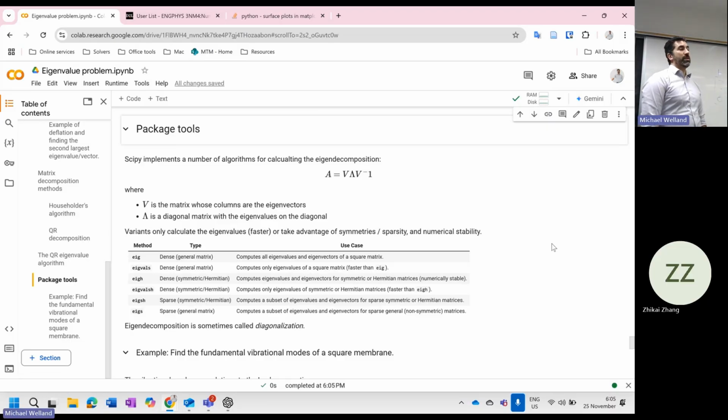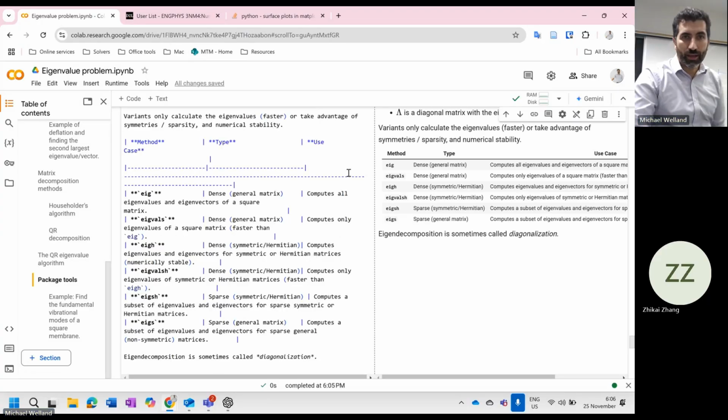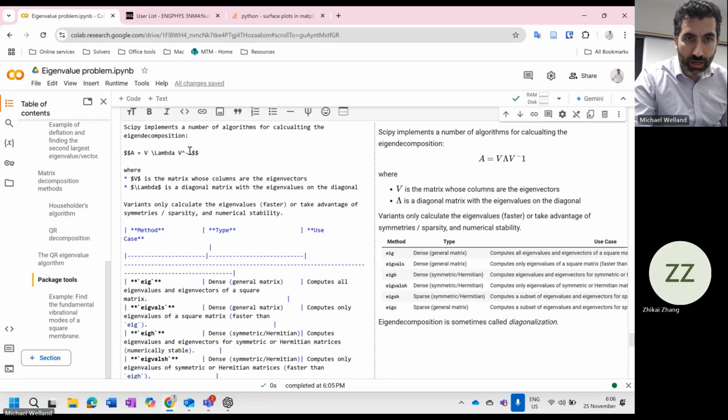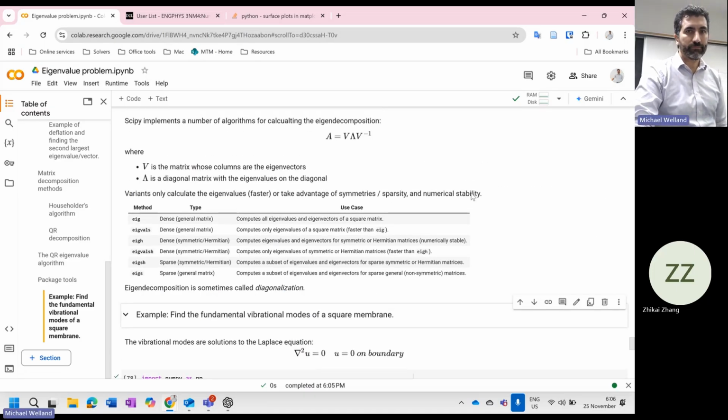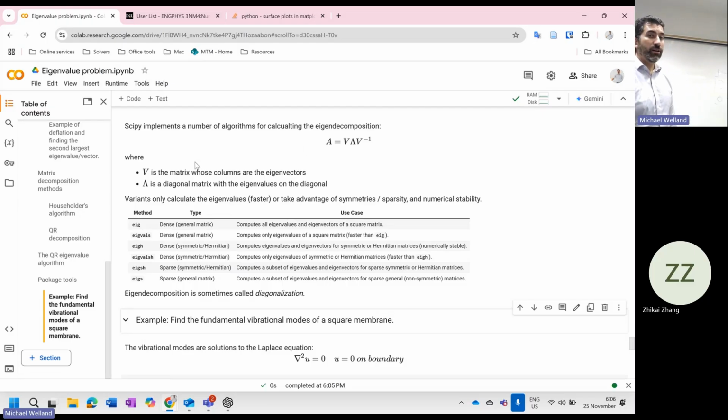SciPy methods will give you something called the eigen decomposition. It's pretty straightforward what's happening here. It's decomposing it into matrix V, whose columns are your eigenvectors. Matrix capital Lambda, which is a diagonal matrix.